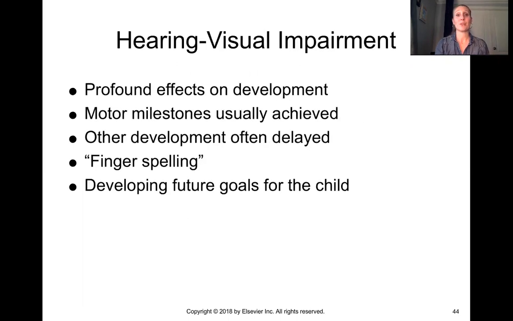As for those who are both hearing and visually impaired, it is obviously going to have profound effects on development, as we're having to learn different ways, and not everything is learnable for the hearing and the visually impaired. The outcomes for this population is very unpredictable.